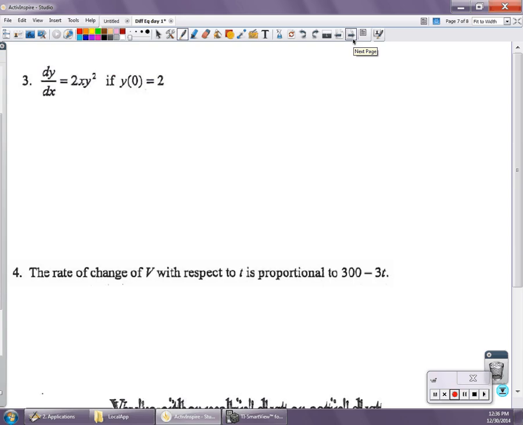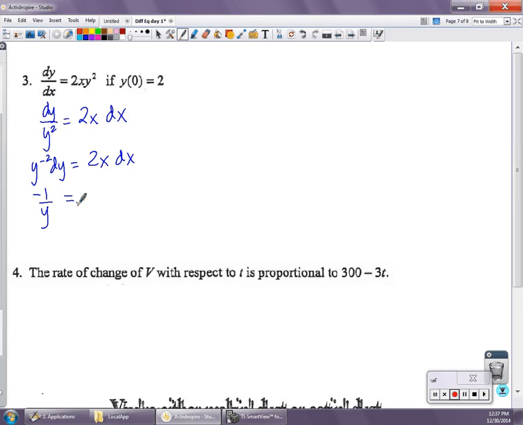So we're going to separate our variables by dividing both sides by y squared and multiplying both sides by dx. That's the same thing, excuse me, as y to the negative 2 dy equals 2x dx. So that's going to give me negative 1 over y equal to, I found the antiderivative using the power rule, increase the power by 1 and divide by the power.